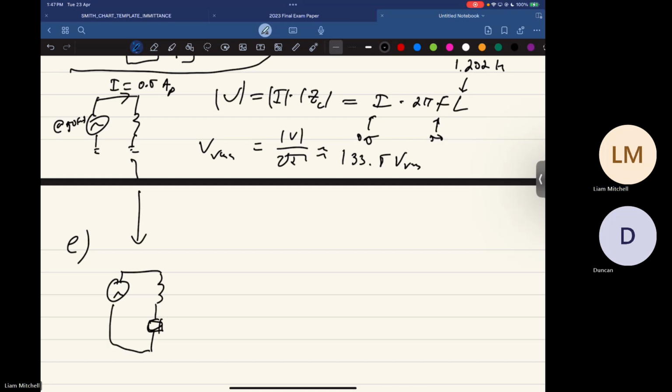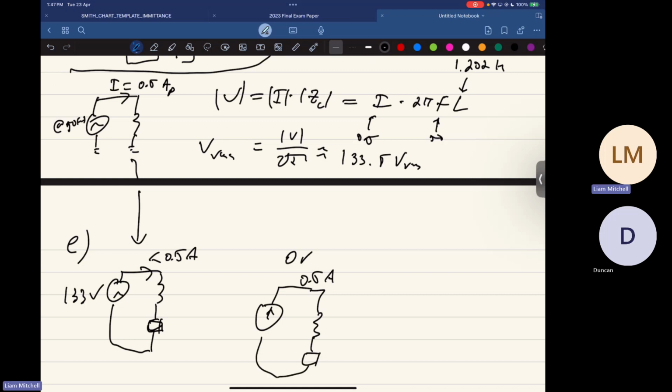So if we set our voltage to be 133 volts, our current is going to be less than 0.5 amps. Or if we set our current as a current source, we have 0.5 amps, but our voltage is going to be higher than 133 volts. This is going to be above 133.